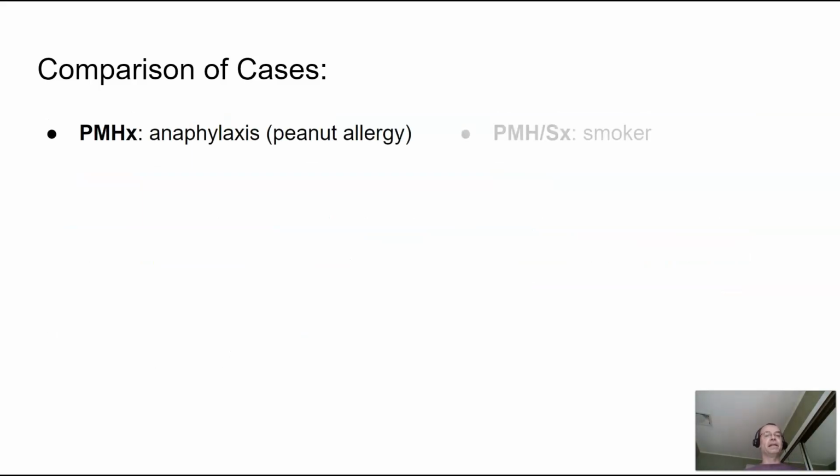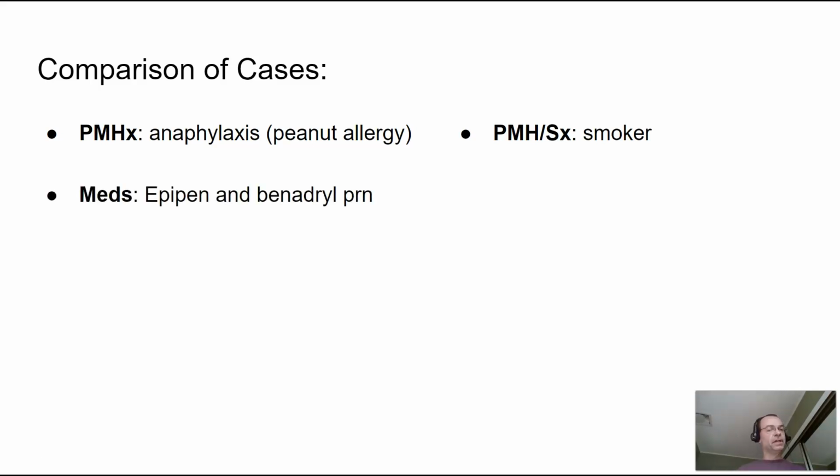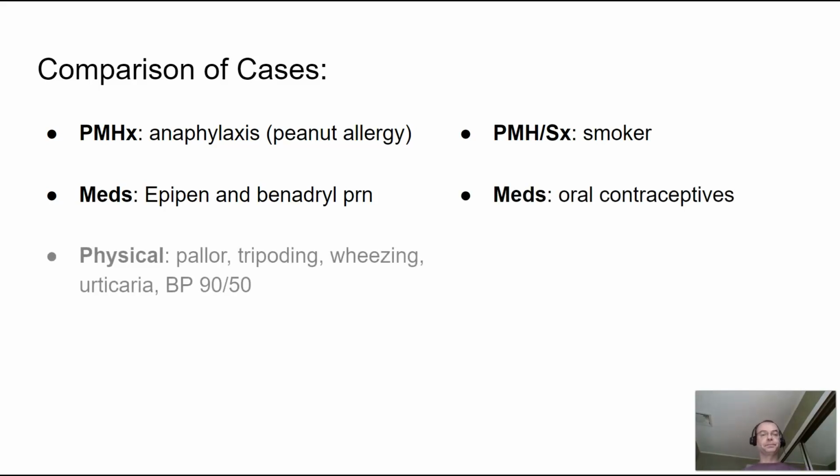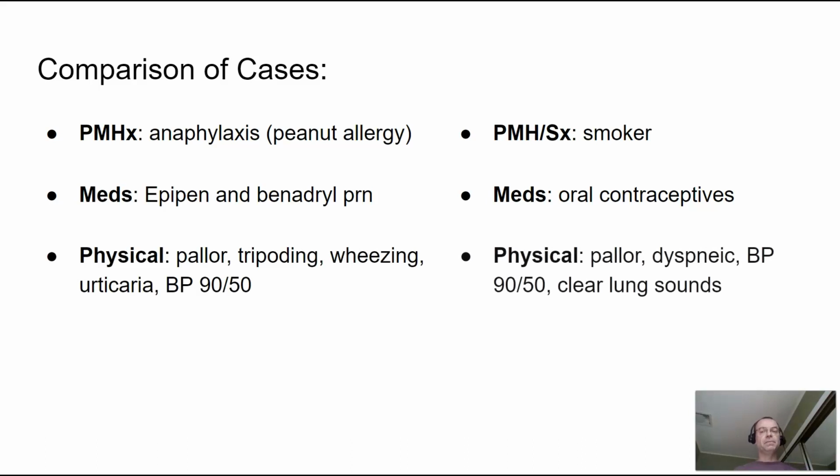Past medical history of anaphylaxis versus smoking social history. EpiPen and Benadryl as needed, whereas oral contraceptives. Physical exam is almost identical, except that the woman experiencing anaphylaxis has wheezing, whereas the woman experiencing pulmonary embolism has clear lung sounds.